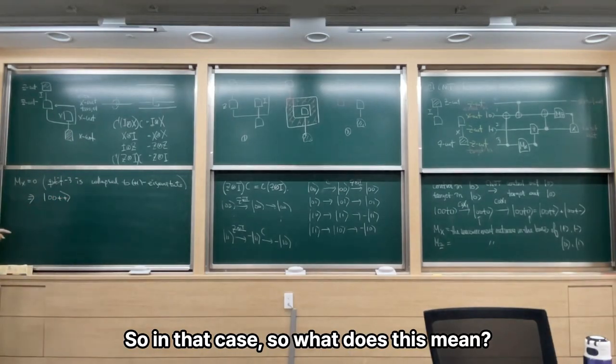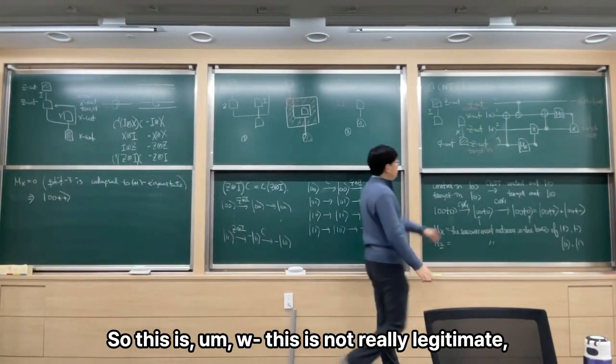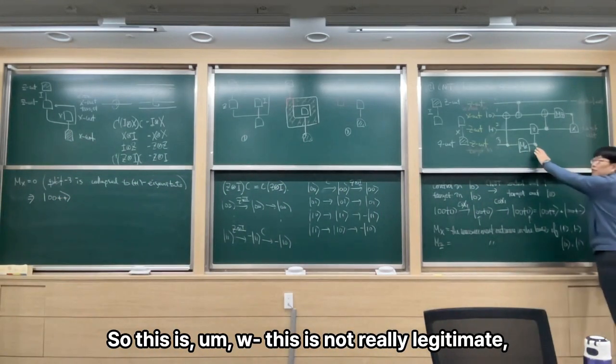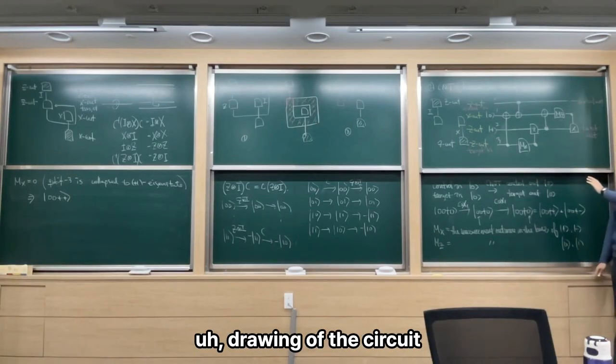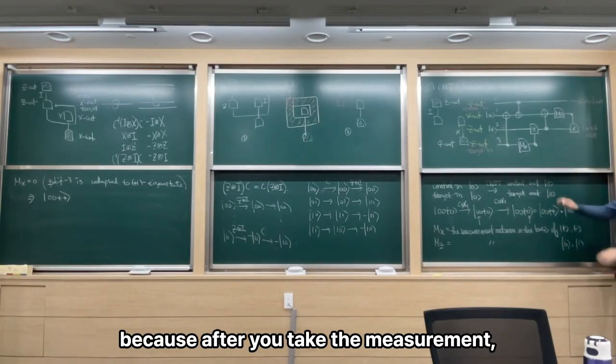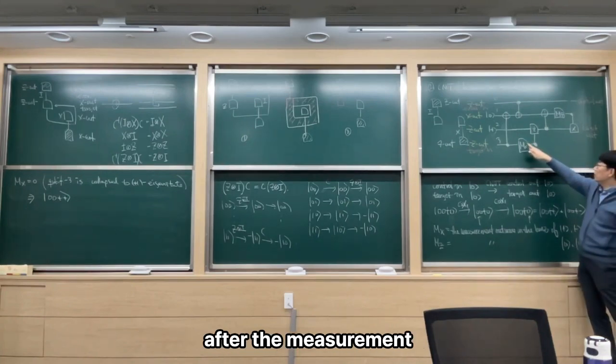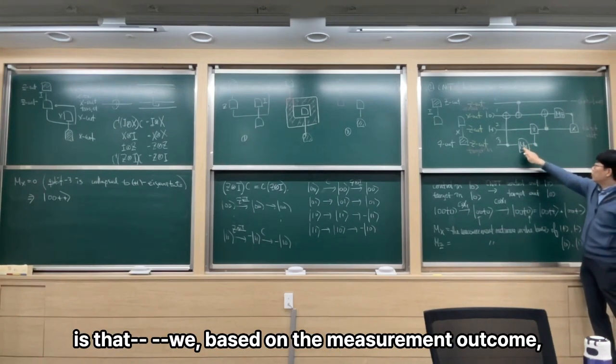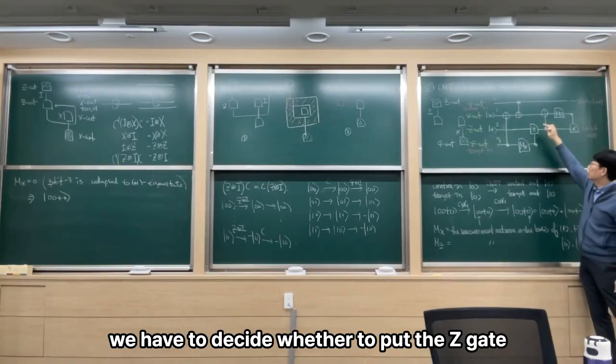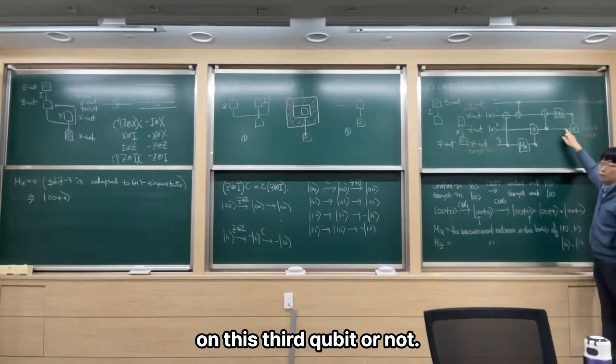So in that case, what does that mean? This is not really a legitimate drawing of the circuit, because after you take the measurement, it's gone. But what we have to do after the measurement is that, based on the measurement outcome, we decide whether to put the Z gate on this third qubit or not.